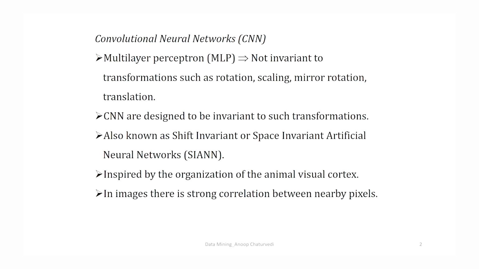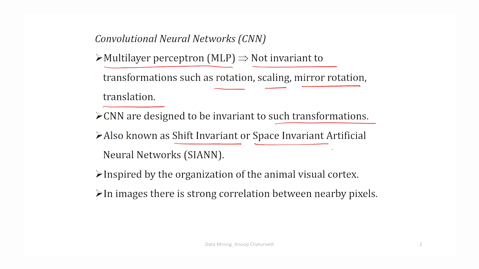So, now we come to the convolution neural network. As I mentioned earlier, the multi-layer perceptron has the problem that it is not invariant to transformations such as rotation, scaling, mirror rotation, translation, etc. Convolution neural networks are designed to be invariant to such transformations, and these networks are also called shift invariant or space invariant artificial neural networks, SIANN.